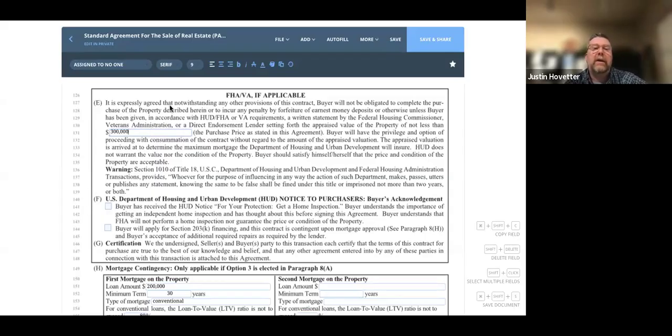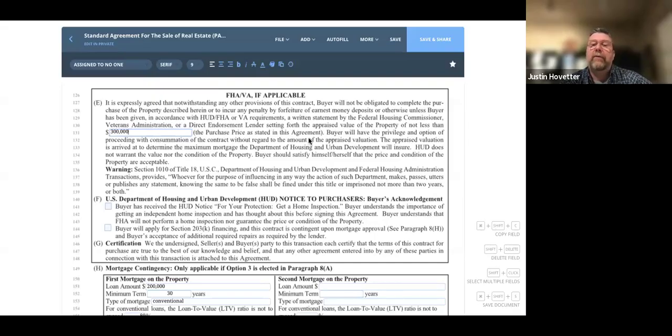And it is expressly agreed that notwithstanding any other provisions of this contract, the buyer will not be obligated to complete the purchase of the property described herein or to incur any penalty by forfeiture of earnest money deposits or otherwise, unless the buyer has been given in accordance with HUD, FHA, or VA requirements, a written statement from the Federal Housing Commissioner, the Veterans Administration, or a direct endorsement lender setting forth the appraised value of the property of not less than $300,000, the purchase price as stated in this agreement.